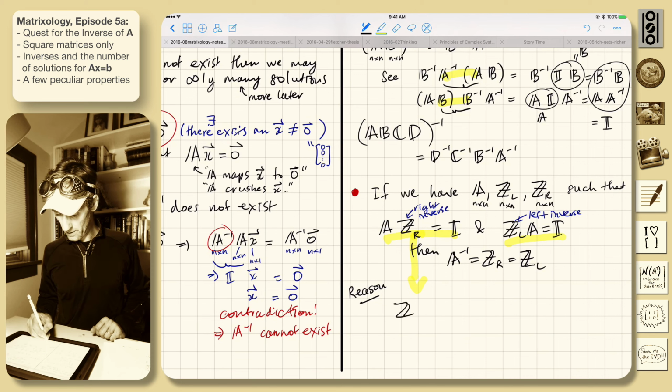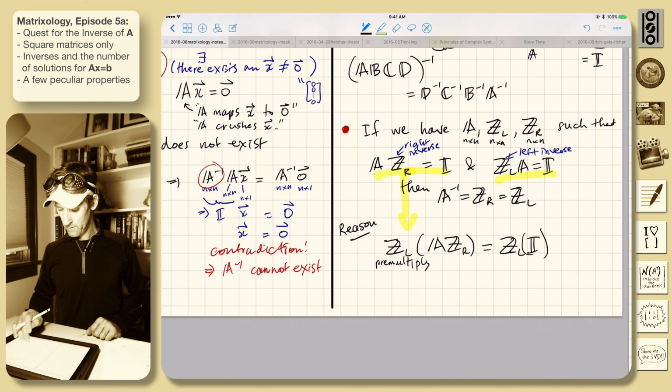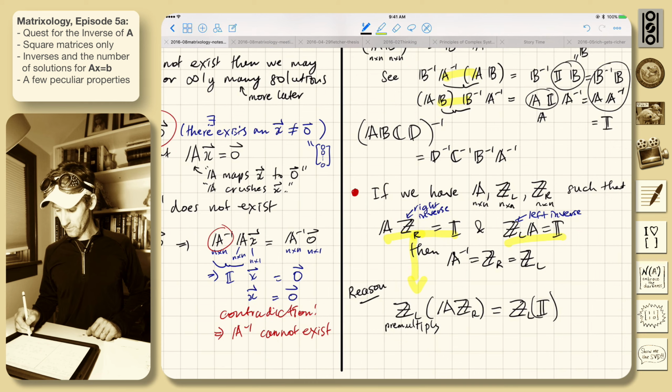So we can multiply both sides by Z left. Right, so this is pre-multiply. And the right-hand side is going to be ZL times the identity. All right, so we've got both sides. This, of course, is just ZL on the right.